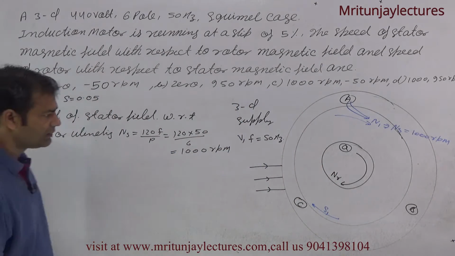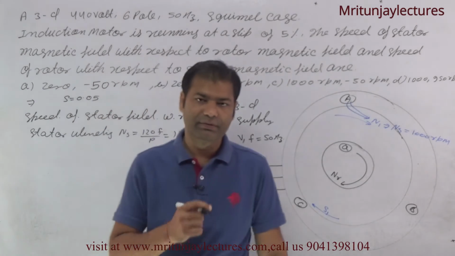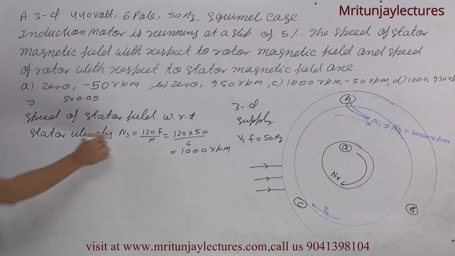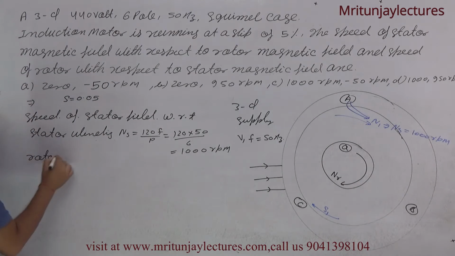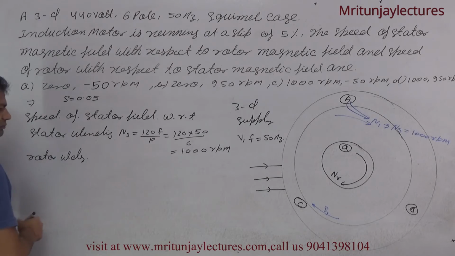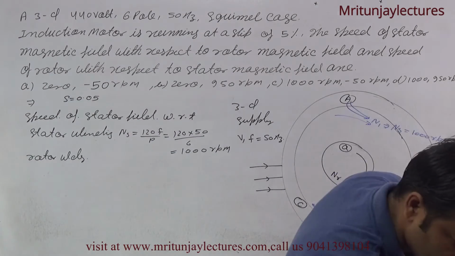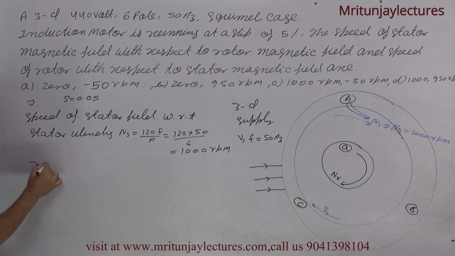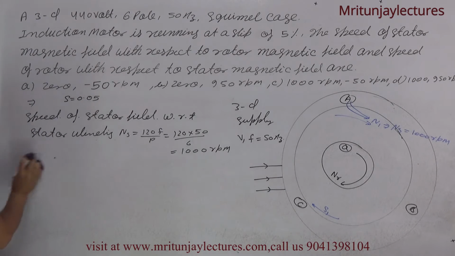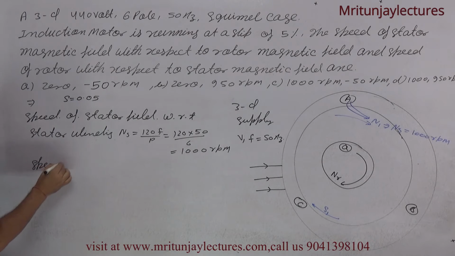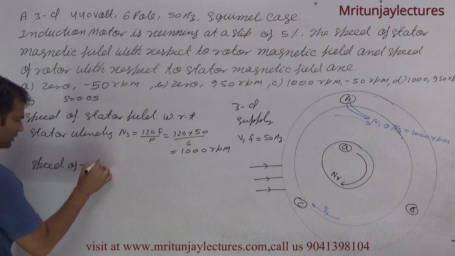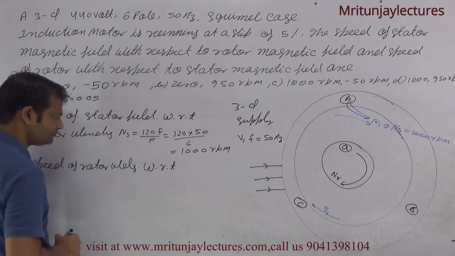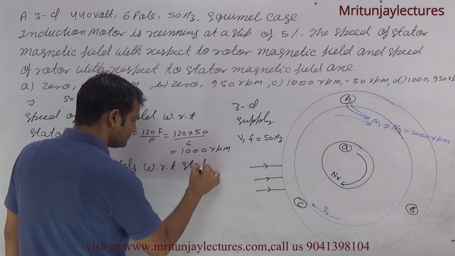You can say that NR is the speed of the rotor winding with respect to the stator winding.